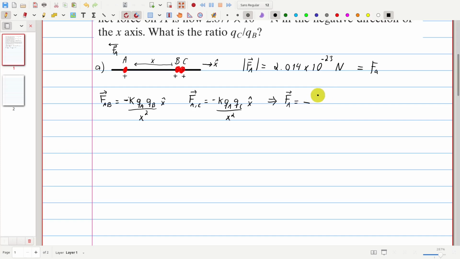And here we use the principle of superposition to add the two forces and get the net force on particle A. I am also factoring out the minus sign.